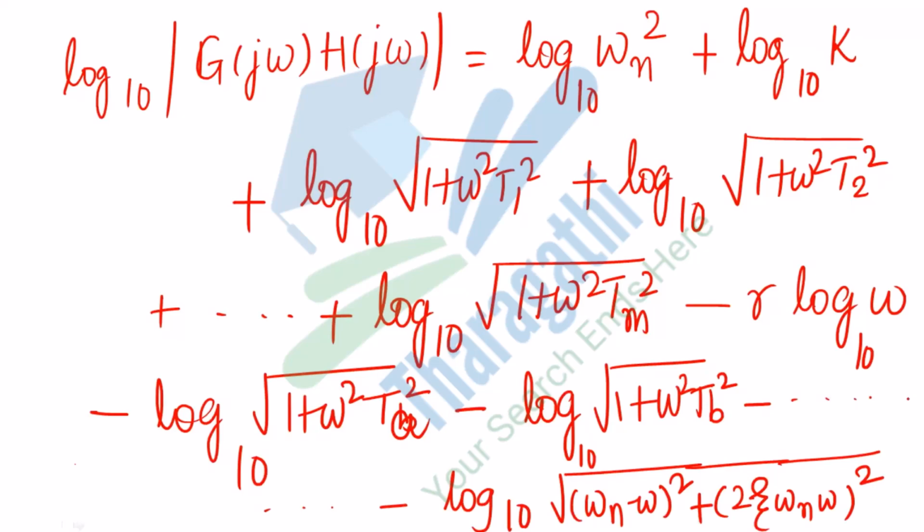So we need to convert this into decibels. One decibel is equal to 20 log 10 of the gain. To convert all these factors into decibels, you multiply the left hand side terms with 20 and the right hand side terms with 20, so that the entire gain is expressed in decibels.